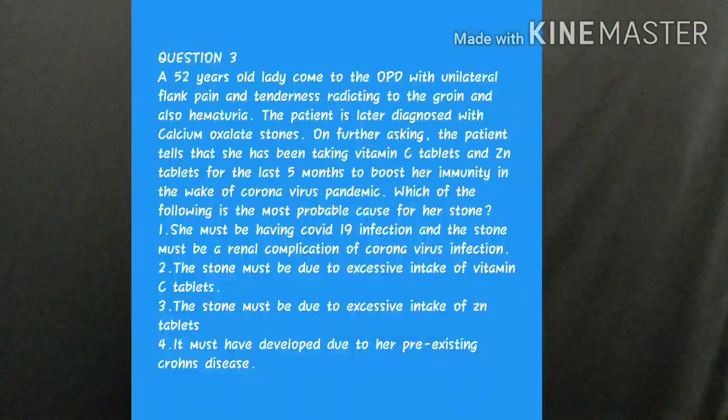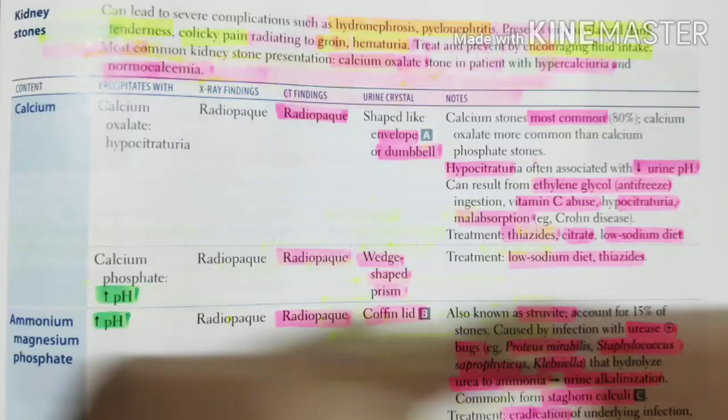I can tell you that option number 1 and option number 3 are completely stupid options. They make no sense. But option number 4, it must have developed due to her pre-existing Crohn's disease. Now let me first tell you that Crohn's disease does cause calcium oxalate stone formation. This is completely true. Calcium oxalate stone formation can occur due to ethylene glycol ingestion, vitamin C abuse or Crohn's disease.